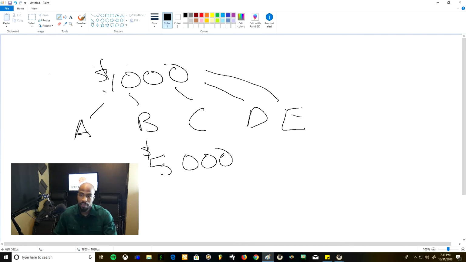Now, if A or B or C or D or E, any of these people are doing anything malevolent, or they're trying to cheat to win the $5,000, since there are so many people managing this money or watching over this money, it'll be difficult to get everybody to collude with you to cheat. You know what I'm saying?